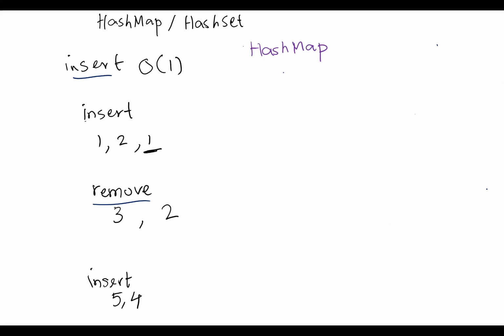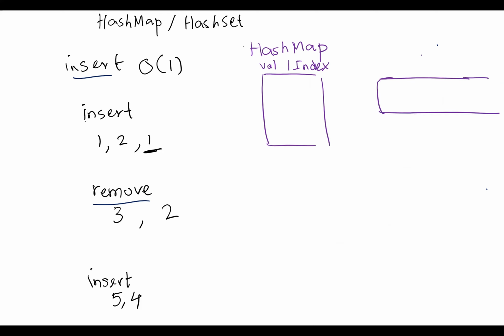In the hash map, I will have key value pairs. So the key is going to be the value, and the value is going to be the index in the array list. And this is my array list. So we combine these two to do all the operations in order of one time.